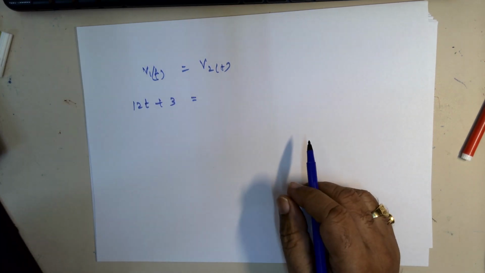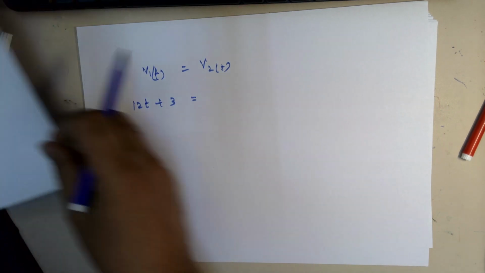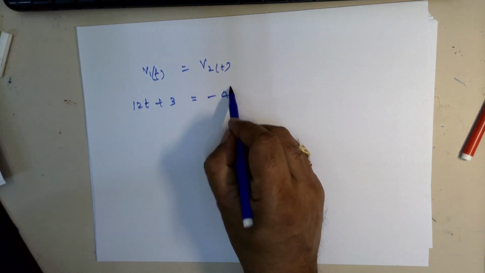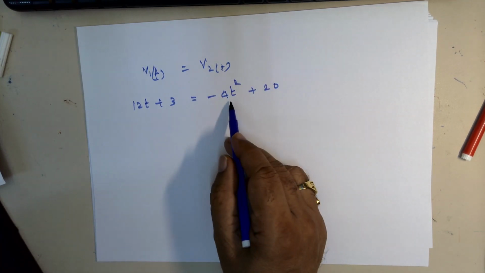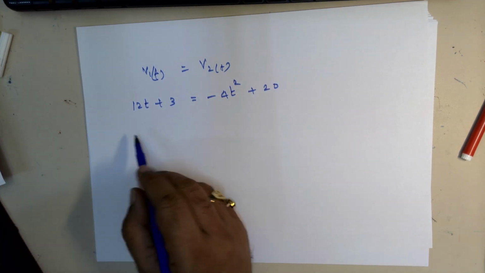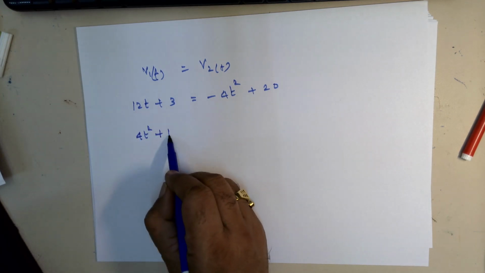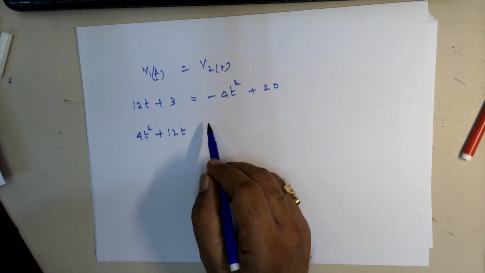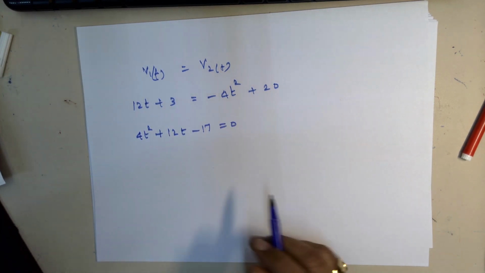And V2 at t means minus 4t squared plus 20. Now you can bring t squared here. So plus 4t squared plus 12t, and this 20 becomes minus 17 is equal to 0, right?